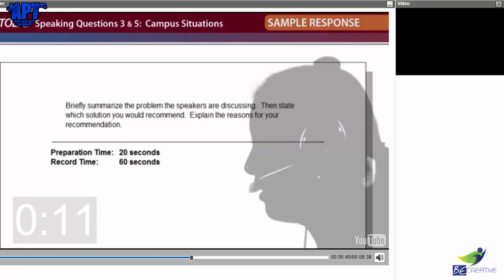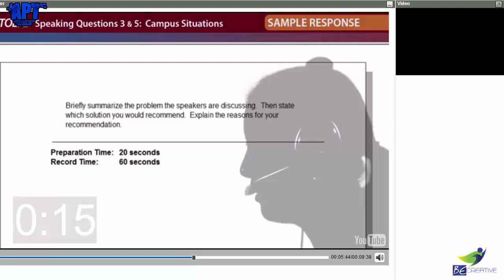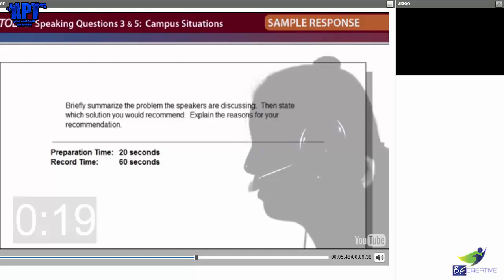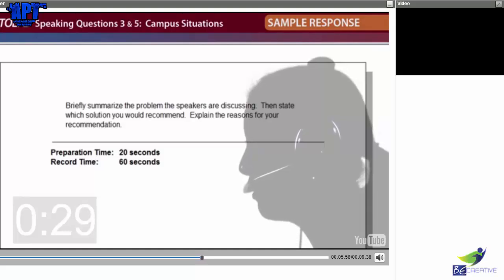The man has a problem that he takes a calculus class, but he does not do well in the calculus, so he's worried about the final. There are two possible solutions, and the first one is get the tutoring program, and the second solution is to form a study group. I think that the second solution is better than the first one for several reasons. First reason is that study group does not need money, but still get help.